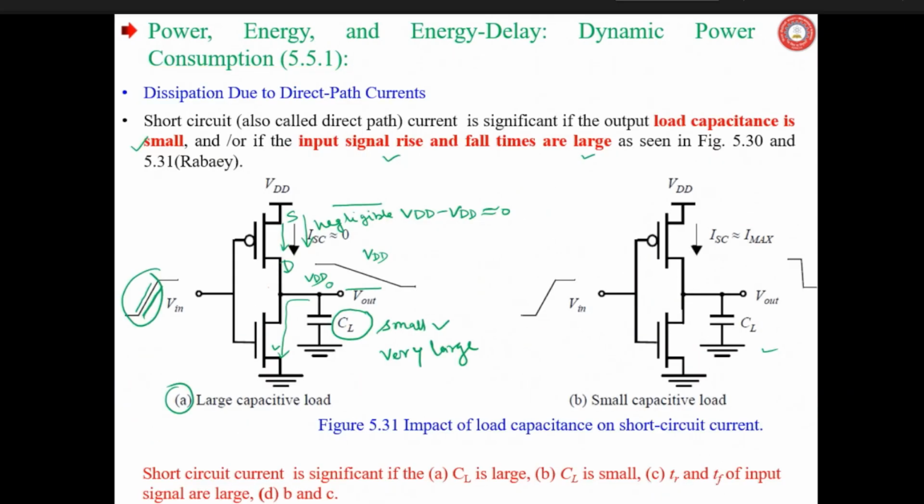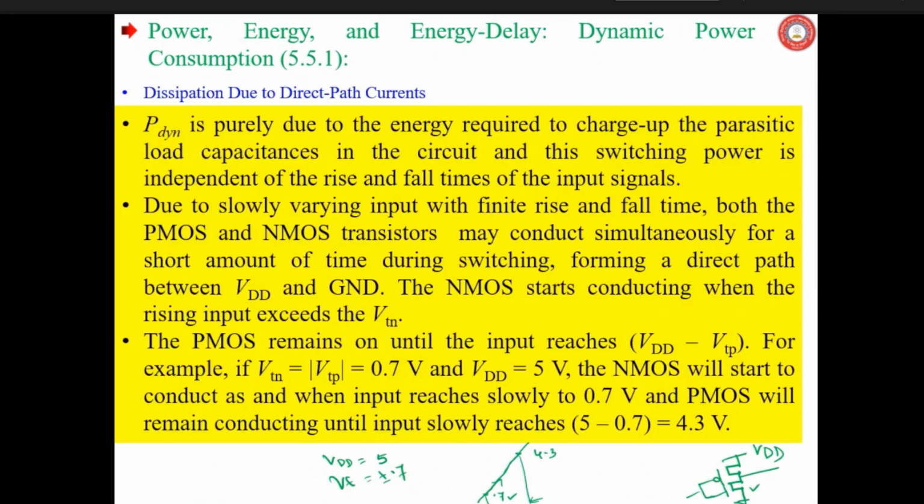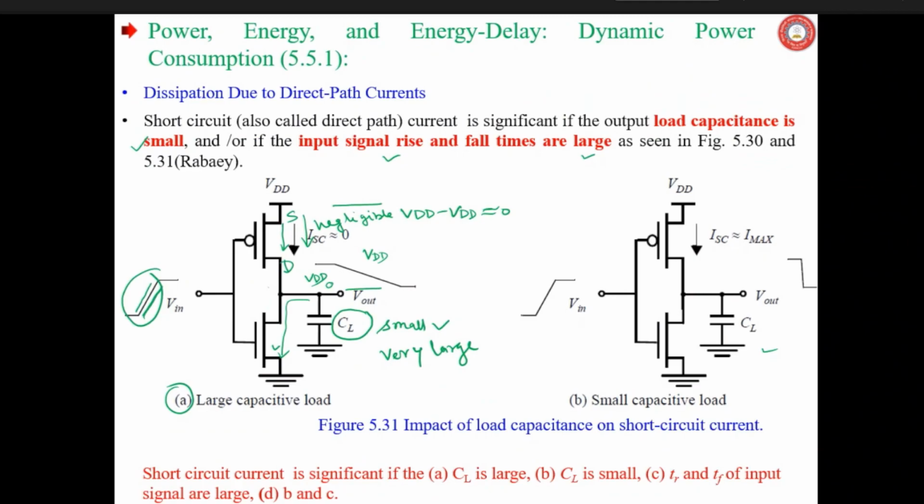So again, I have come here. This is dependent on rise time and fall time. The direct path current, and hence the direct path power, is dependent on the rise time of the input and fall time of the output.